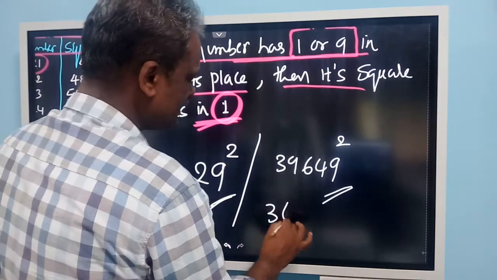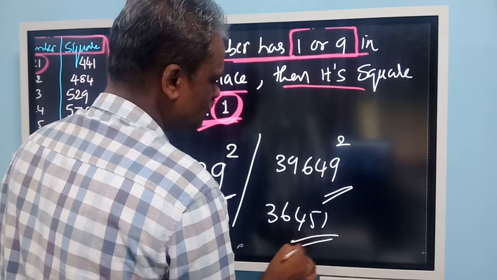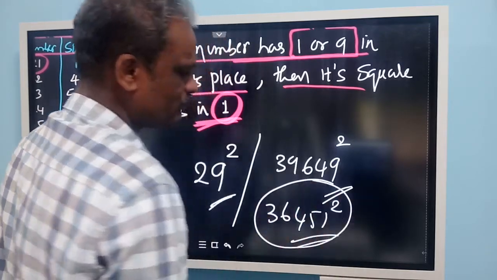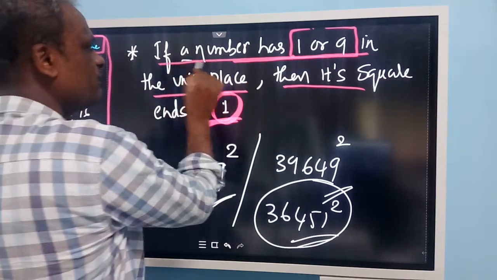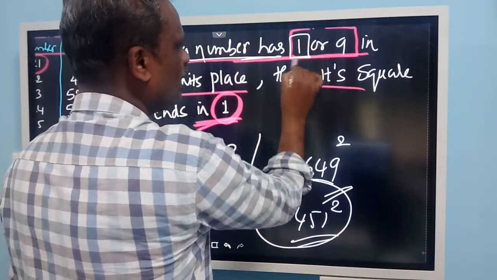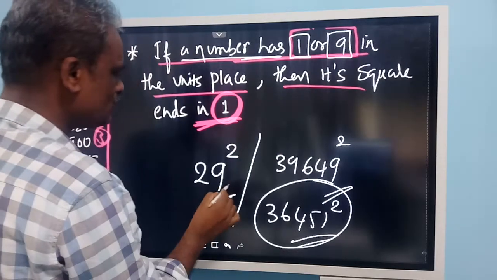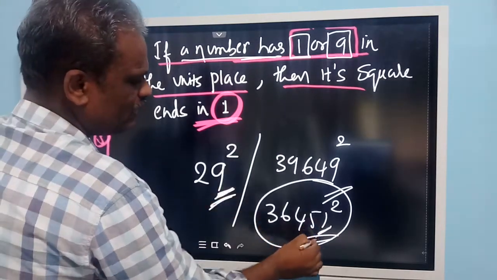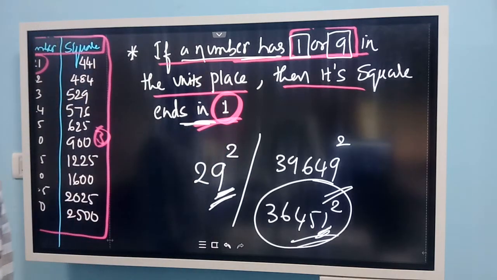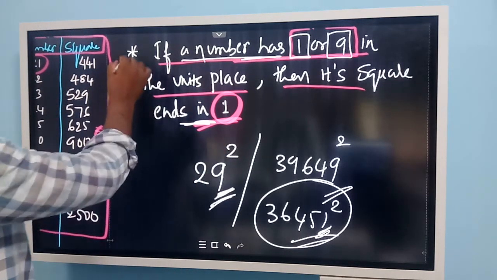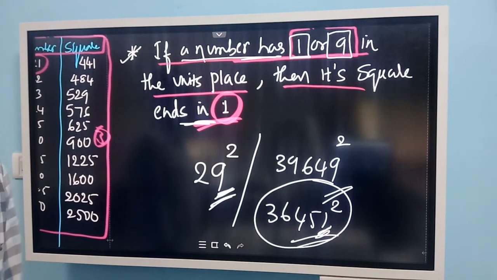So what is the conclusion? If a number has 1 or 9 in the units place, then its square always ends with the digit 1. This is another important property. Is it clear to all of you?